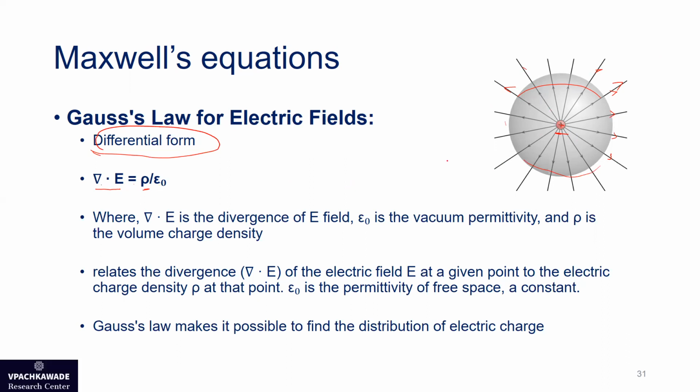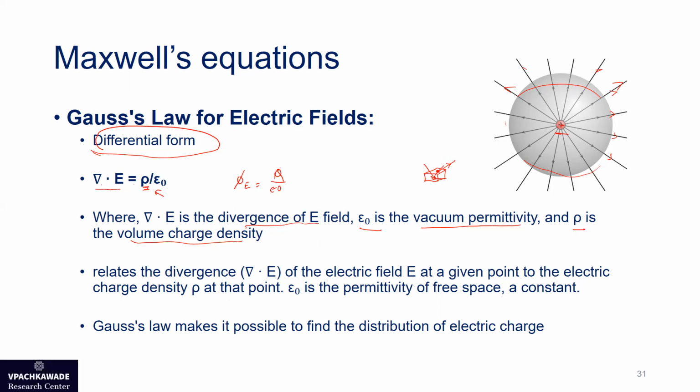There is a single charge here. Remember, we also wrote in the previous slide this equation, 1 over epsilon multiplied by Q. The same equation is here, so instead of Q, we write rho. So del dot E is the divergence of the E field, epsilon 0 is the vacuum permittivity, and rho is the volume charge density. It means in that particular volume the charge is sitting here, and these lines are coming out, and we take just a small area, and from that area, how many lines are coming out is nothing but the flux.